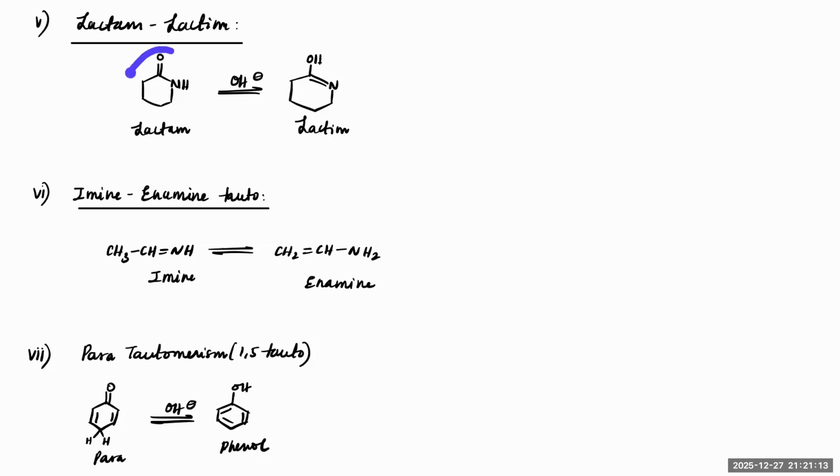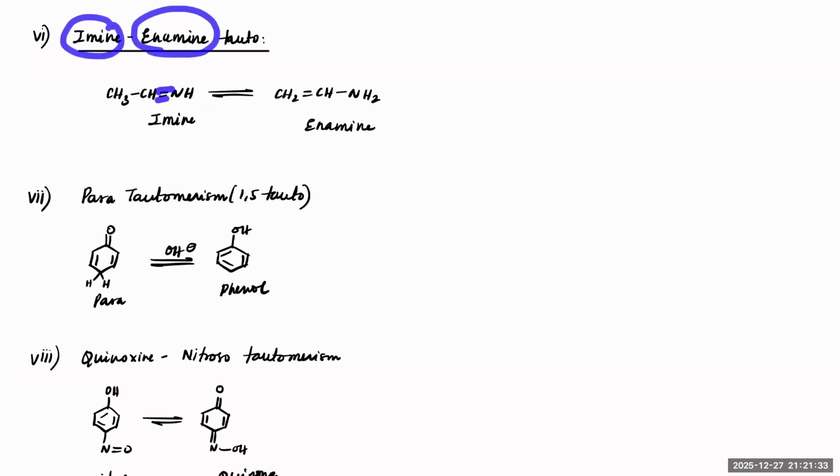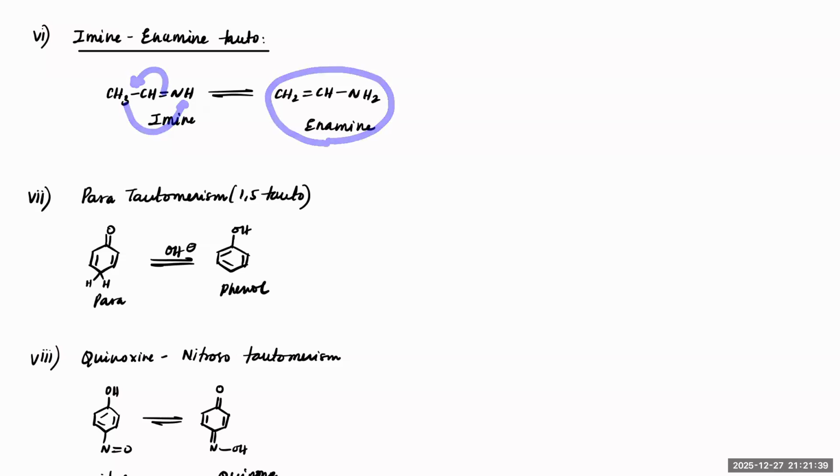Lactam is a cyclic amide, and in the presence of base this hydrogen can push here, double bond push here. That is called lactam, hence the name lactam tautomerism. Next, enamine tautomerism. C double bond N is imine. If I push this hydrogen here, double bond here, that will become enamine. Imine will become enamine.